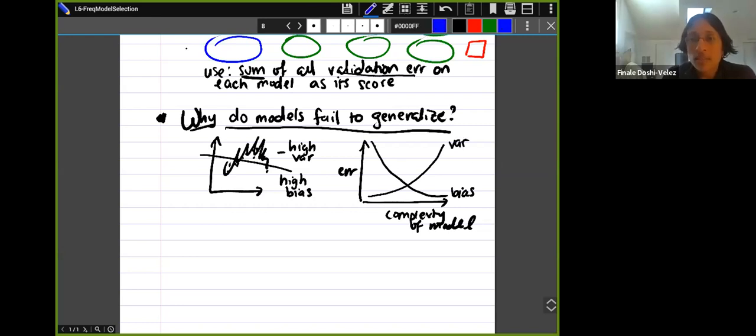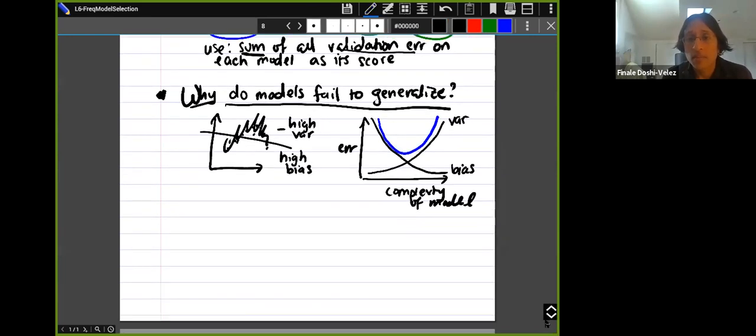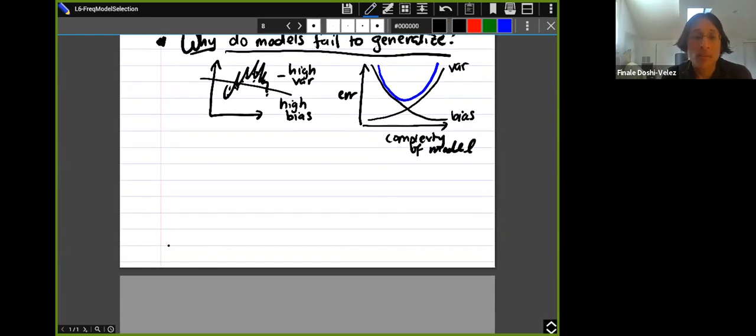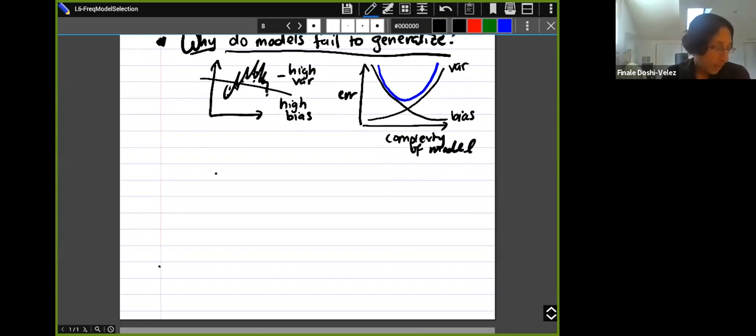This gives us this bias-variance trade-off that we're going to derive mathematically. But we see over here that if we add the bias and the variance together, there's this sweet spot where there's not a lot of error due to bias and not a lot of error due to variance. So that's what we're going to be looking for in our models: we want them to fit, but we don't want them to overfit.